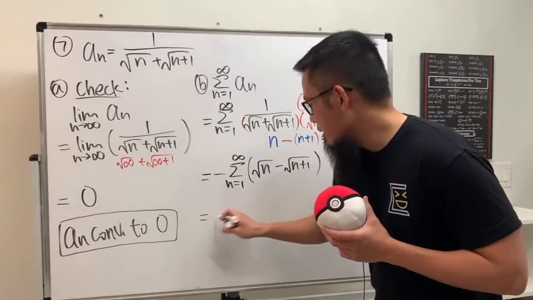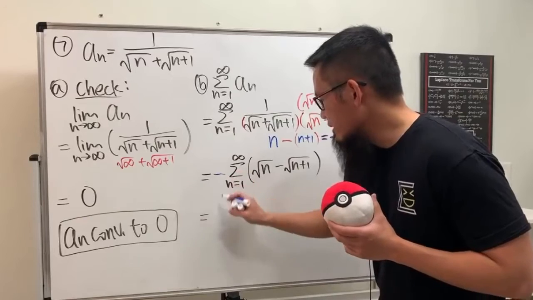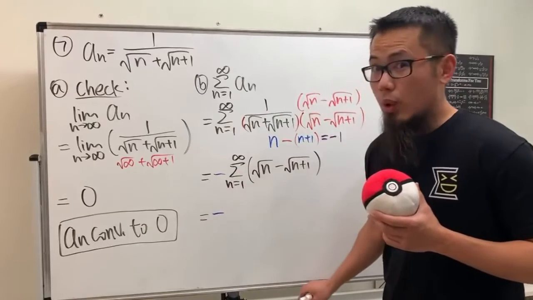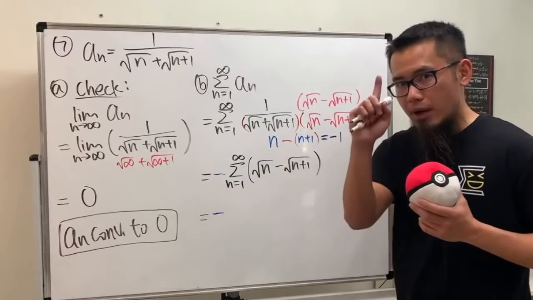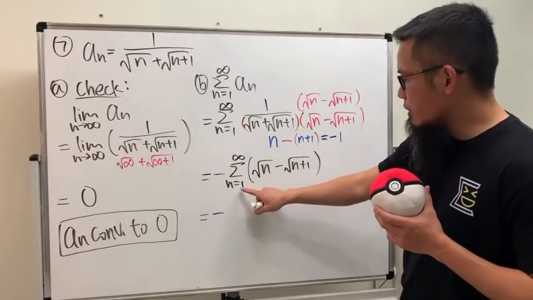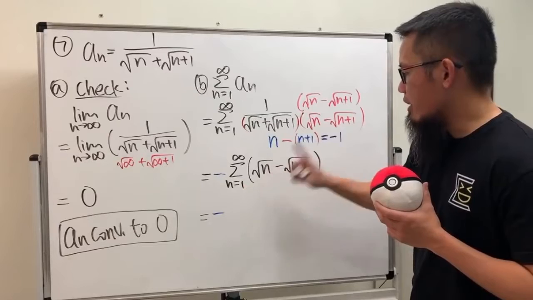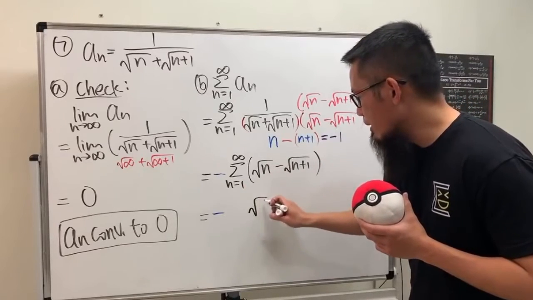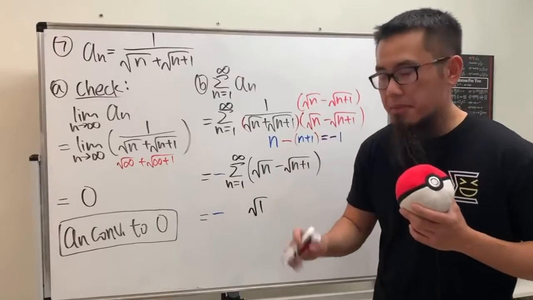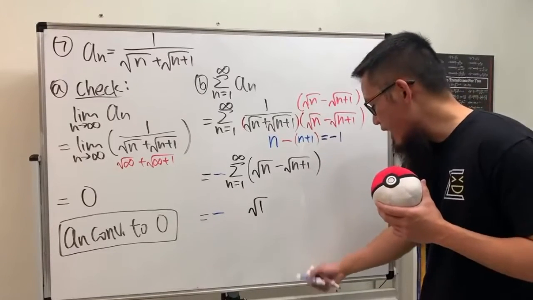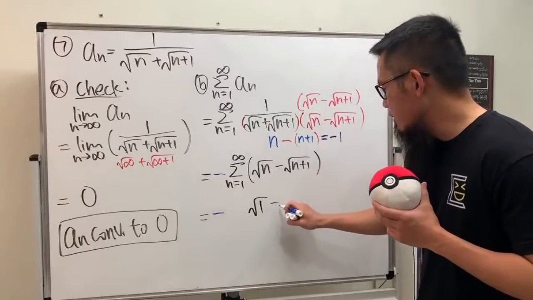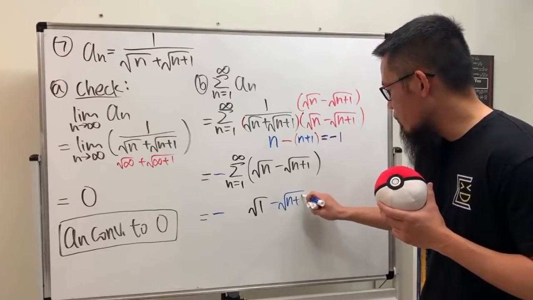We still have the negative all the way in the front. And let's do what we did earlier, right? This time, this and that, they are just off by one term. So I'm just going to put the 1 in here one time, so we have square root of 1, and we are done. And then we're going to look at this and put that down, which is negative square root of n plus 1.